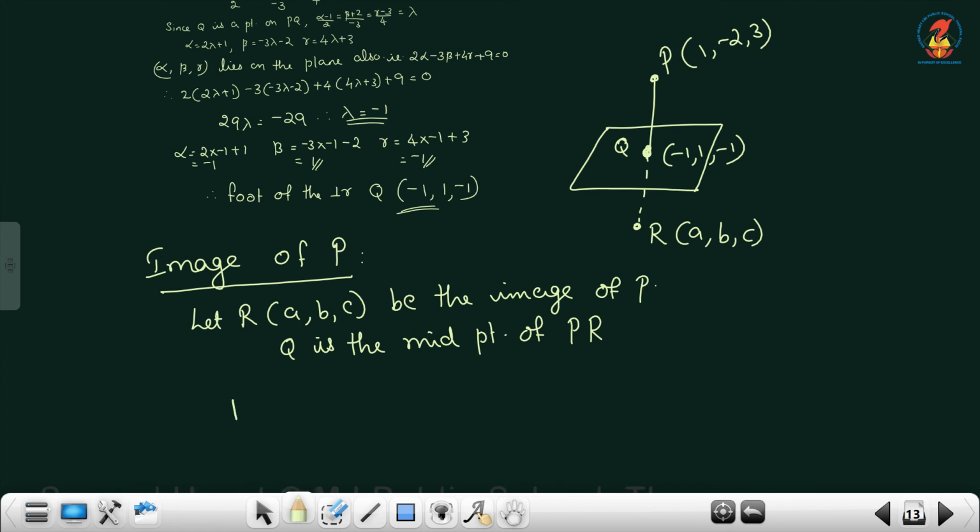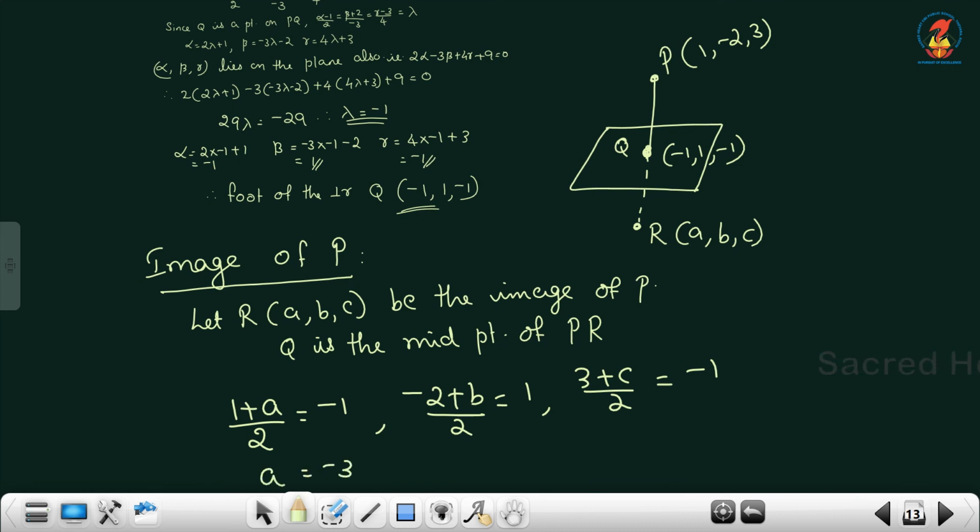1 plus A by 2, that is (x1 plus x2) by 2, is equal to the midpoint. Then minus 2 plus B by 2 is equal to 1, 3 plus C by 2 is minus 1. So what is A? Minus 2 minus 1, that is minus 3. Then B is equal to 4, and C is 2 minus 2 minus 3, that is minus 5.